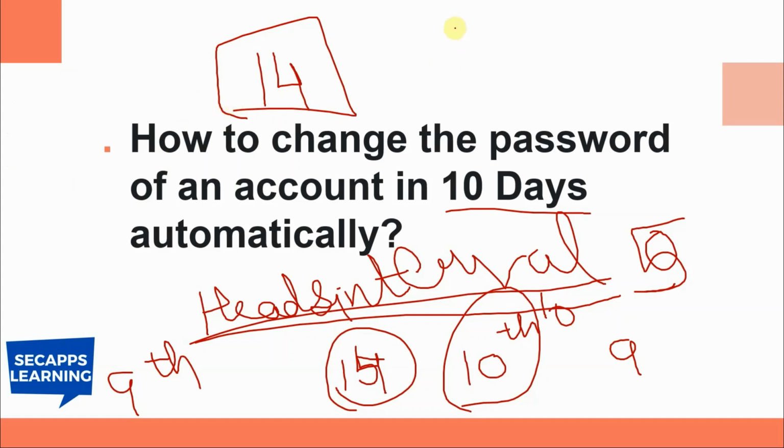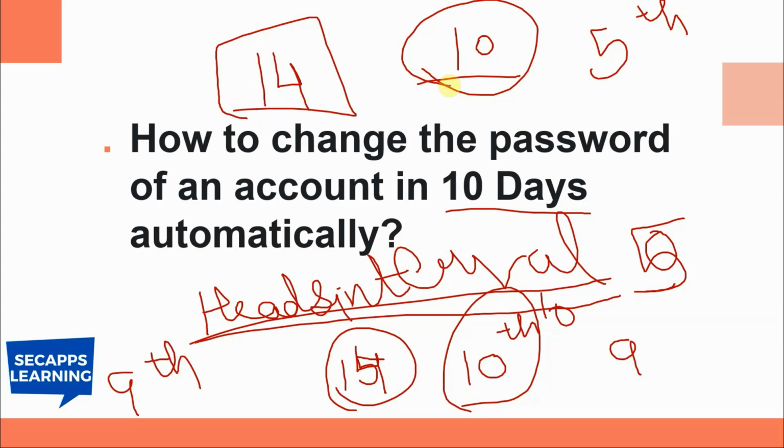Let's say in master policy you have defined 10 days. But as per the hash interval, CPM will change the password on the 5th day only, 5 days before the expiration. So on this date, your password will be expired. That's why it should be changed before expiration.